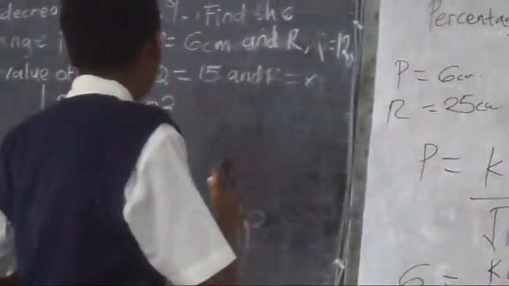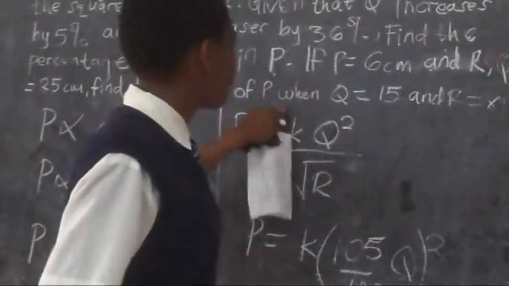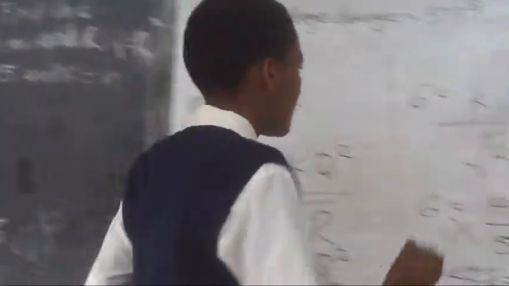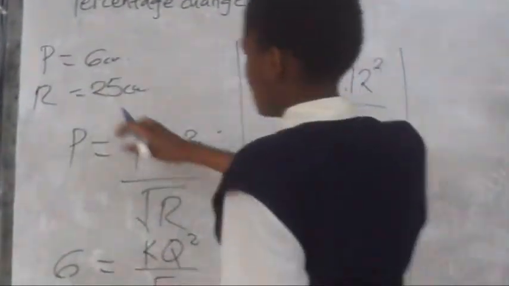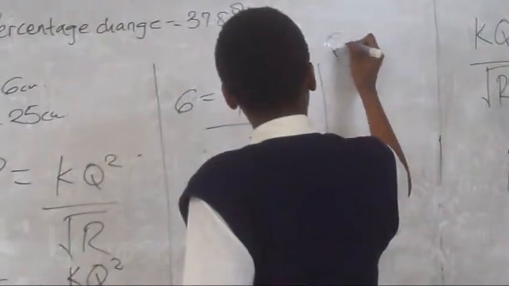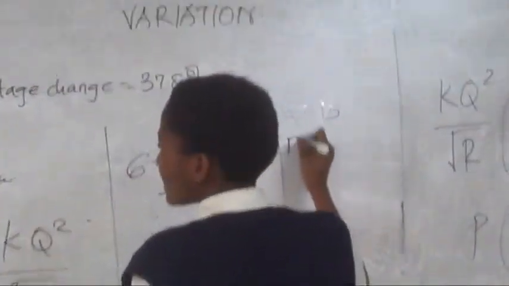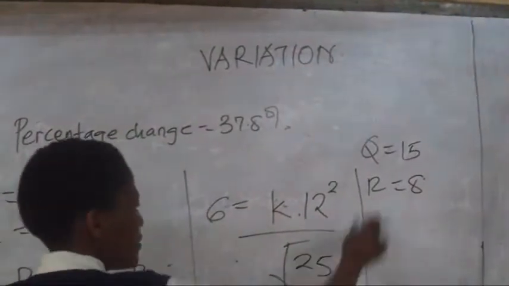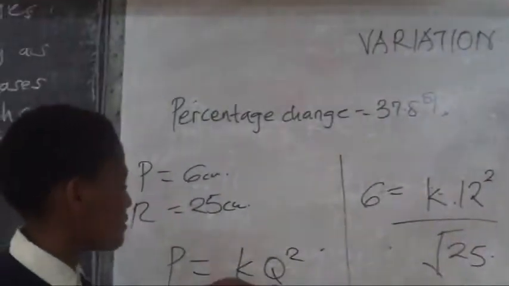And we've been told to find the value of P when Q is equal to 15 and R is equal to 8. Now when Q is 15, we'll replace over here.